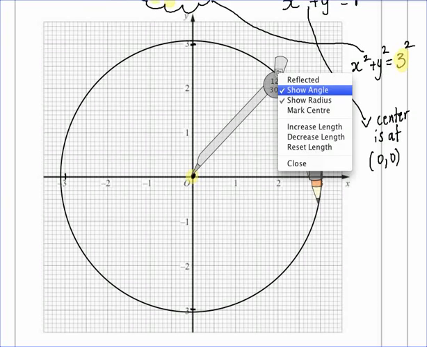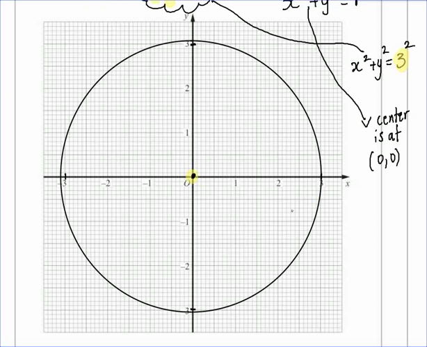Okay, so remove this, and as you can see, you've got a circle. Now, for some reason, it hasn't touched exactly every single corner here, but when you do it, it's going to be quite accurate and it's going to be done properly.